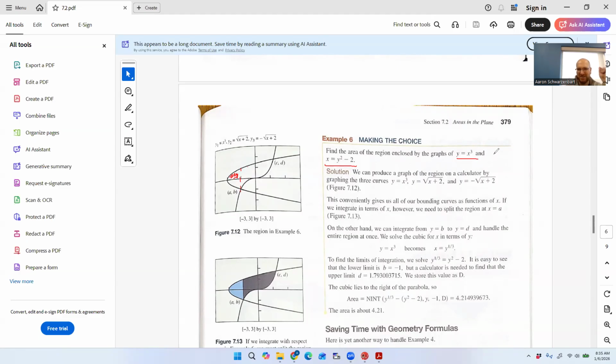I think this is actually easier to do in terms of y. Because if you do it upper minus lower, you probably saw in the last one these little slices they're putting in. Okay. That horizontal slice, and that's going to show up when we do volumes next week. Okay.